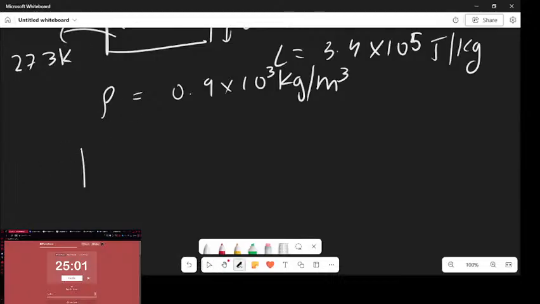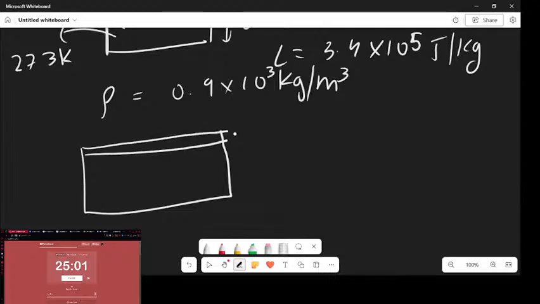Let us consider this to be the pond, and let us consider it's cooled down by a small distance x.